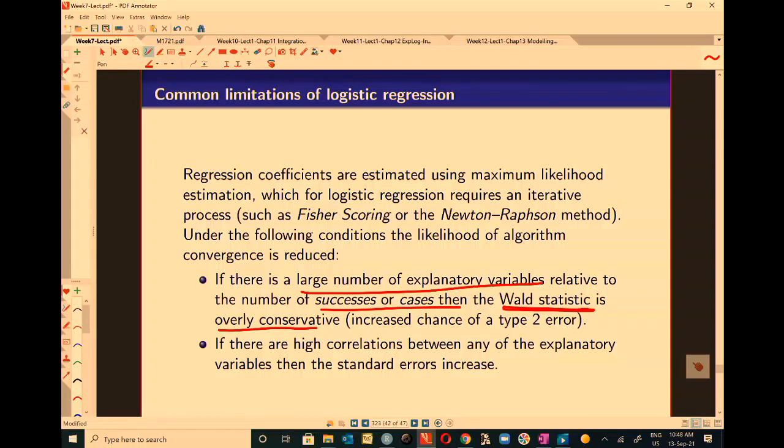If that's the case, and you're fitting something like 3 or 4 variables in the model, then that can be a problem. And the other problem is if you've got high correlation between the explanatory variables, something called collinearity, and that's a problem even in normal regression.